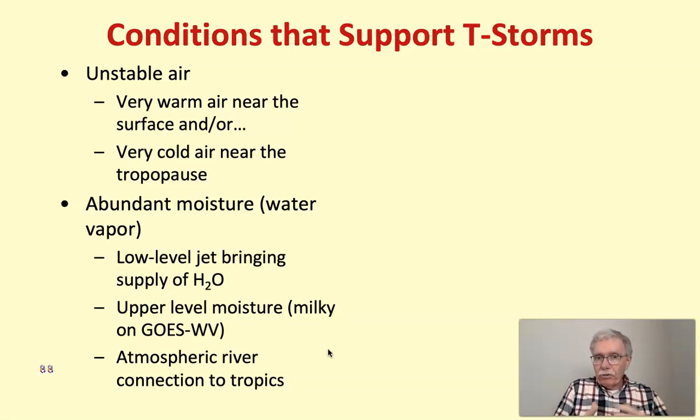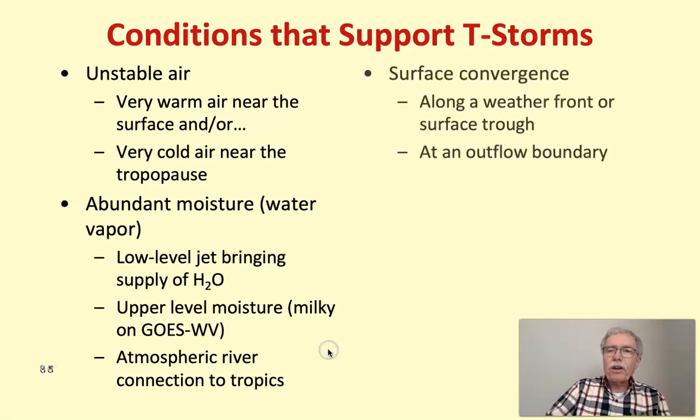Upper level moisture, shown as milky on water vapor image. And in some extreme cases, an atmospheric river, which focuses moisture into a line of thunderstorms and is a direct connection to the tropics.